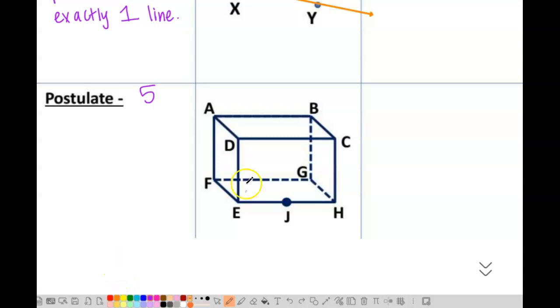Use the vocabulary terms we learned yesterday. This image has points, right? It has planes. Does it have lines? Are you sure it has lines? Do you see arrows? No. Line segments.